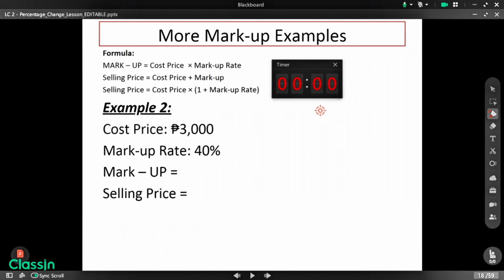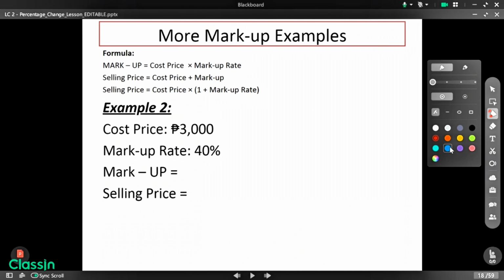Alright, your time is up. Now let's answer this and check if you got it correctly.